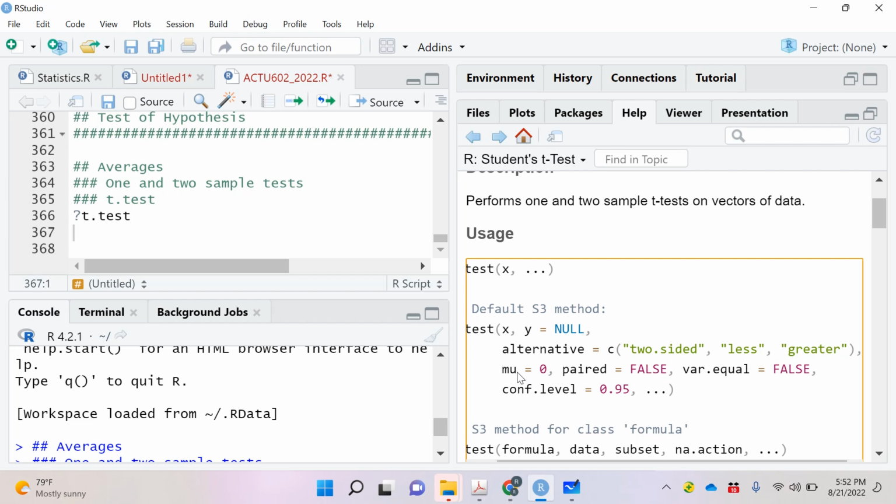Okay. Then var.equal. Now, when you are considering 2 or more samples, you always remember if you are using a t-test, we assume that it comes from a normal distribution with a constant variance, right? Okay, so you want to check whether you should say that the variances are homogeneous or they are not.